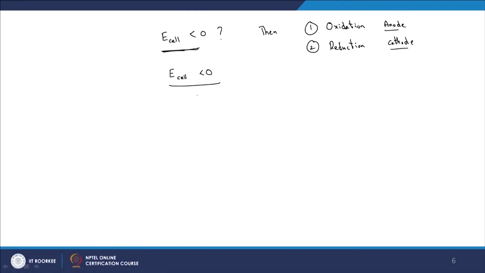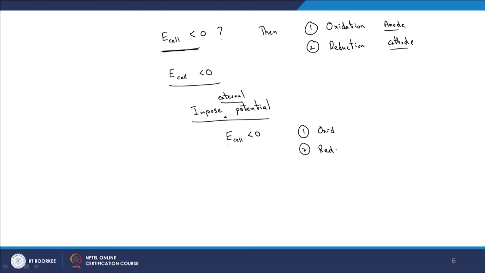In that context, obviously, I can impose an external potential. By imposing this external potential I can turn this Ecell, which is less than 0 right now, so that 1 proceeds as oxidation and 2 proceeds as reduction.